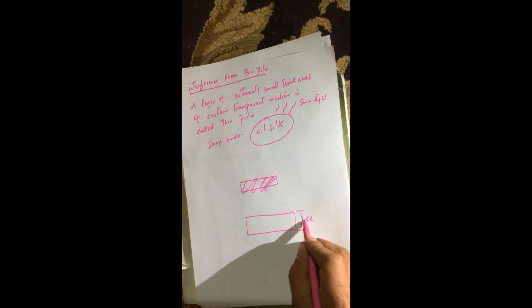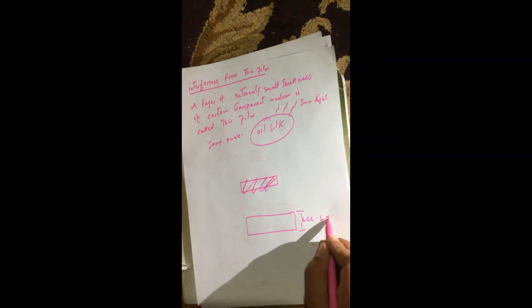I can say that L is approximately equal to 0. Like if we consider a soap bubble, then the thickness of the soap bubble is very small, so the thickness is approximately equal to 0.